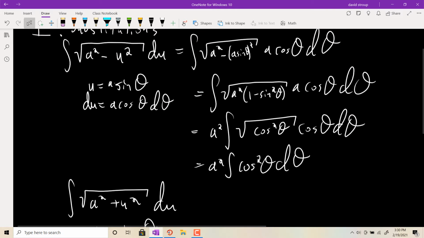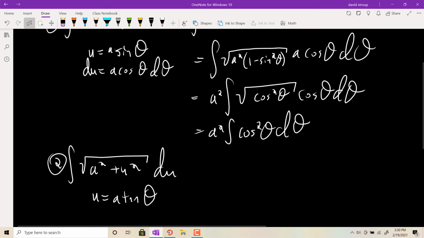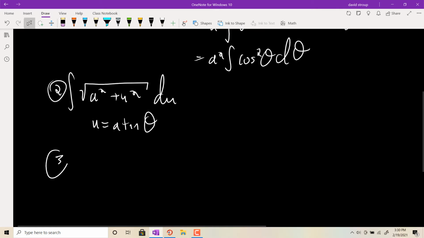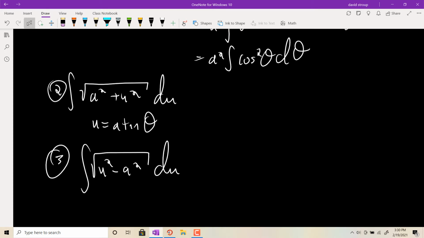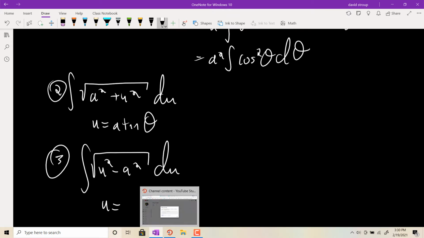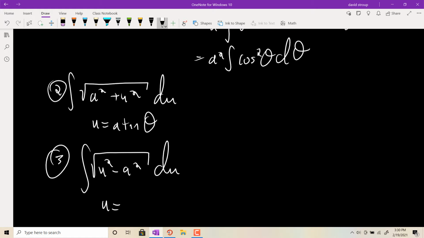Okay, so this is the first type, the second type, and then the third type, you have the u squared minus a squared version du, and of course you'll use secant because secant squared minus 1 is equal to tan squared, and you can then get rid of the square root by taking the square of tan squared. Okay, so this would be u equals a secant theta.